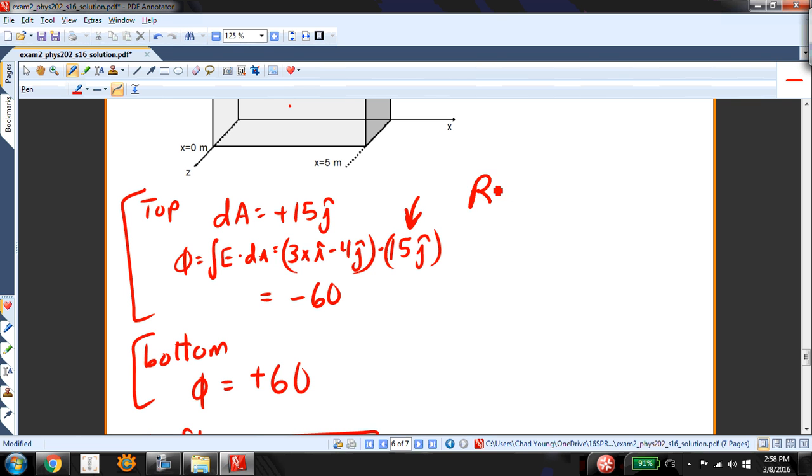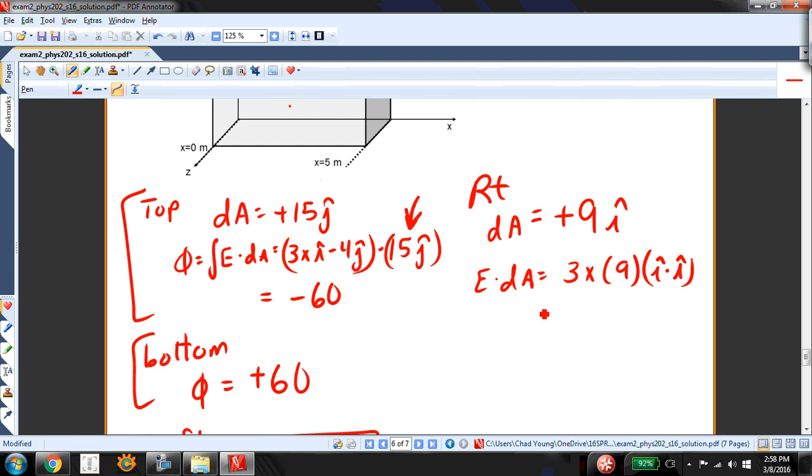is the right side, and on the right side, my dA, my area vector, is going to be plus 9i. E dot dA then will be 3xi times 9, or 3x times 9, i dot i.